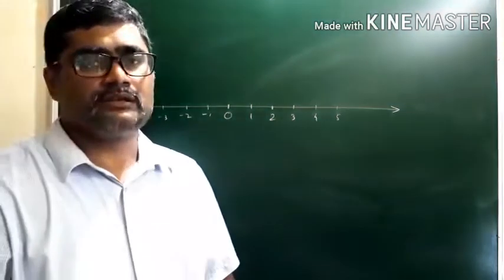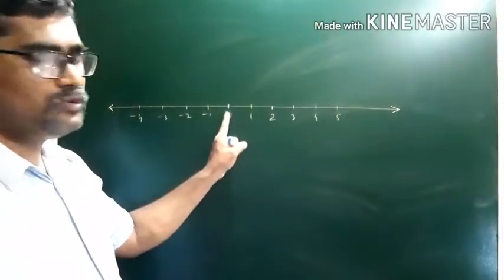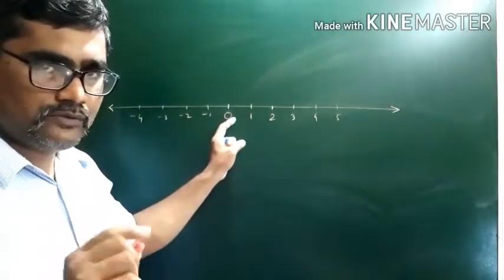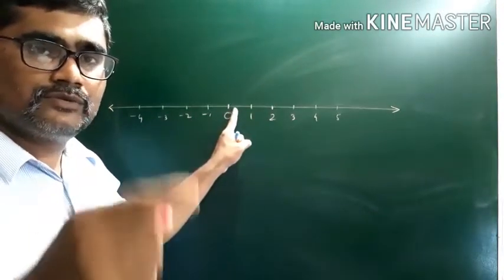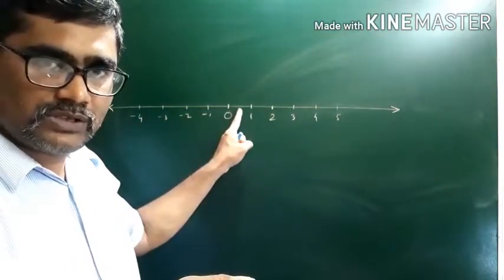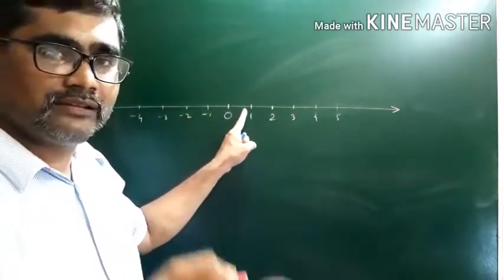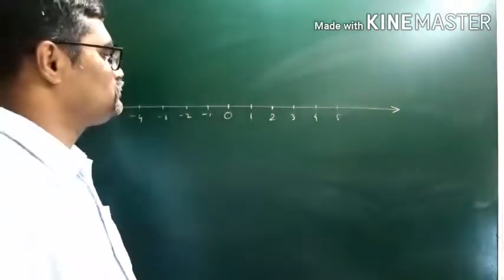Right? Suppose you are taking 0. What is the greatest integer value? 0. Fine. You are taking 0.1. What is the greatest integer value? 0. Taking 0.5, 0. Taking 0.9, 0. Taking 0.99, 0.